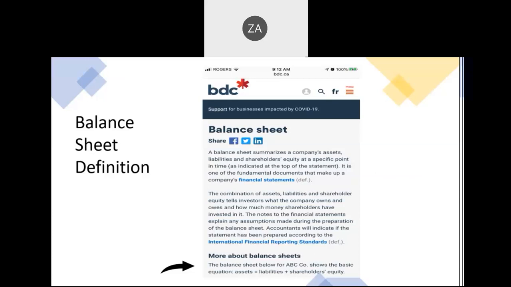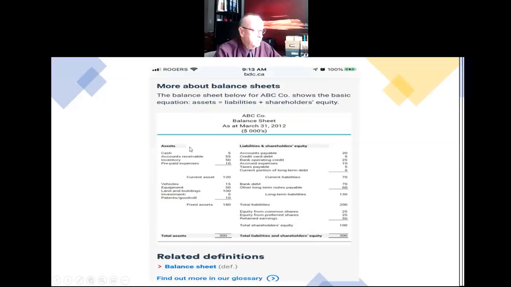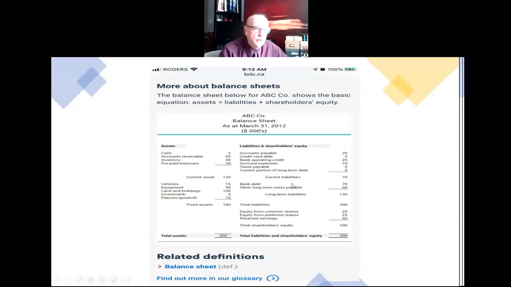You need to have an understanding of the cash that you have on hand and how it's going to be allocated, because a balance sheet for a corporation is fine, but a balance sheet for an individual is just as important. So here's just a sample of a fictitious company, ABC. ABC company has these assets listed, and then they have these liabilities listed, and the shareholders' equity.